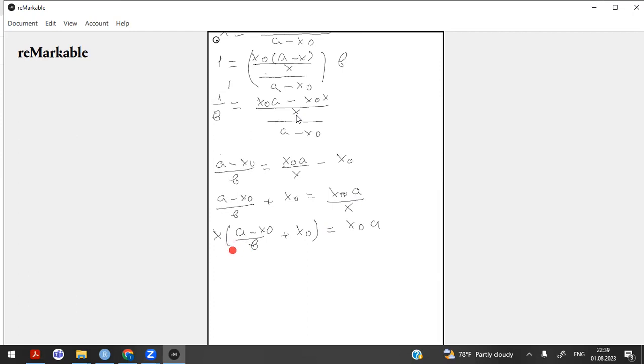So now we can divide both sides by this part, and we will get x equals x0 a divided by a minus x0 over b, but actually, instead of over b, we can write b to the power of minus 1, okay?